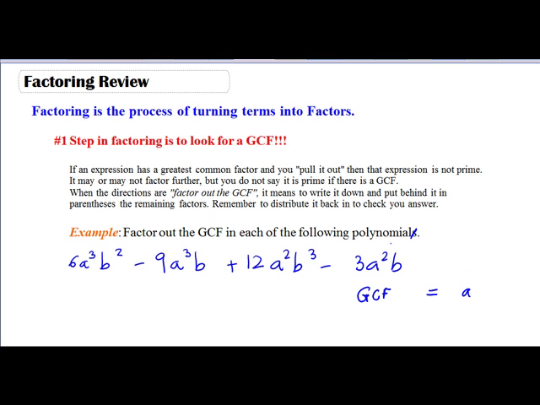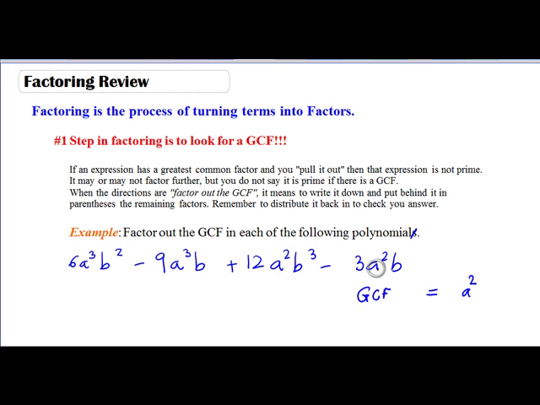Now, as you see, for each term here, you have A to the cube, A to the cube, A to the second, A to the second. So the question is, how many A can I take out? Or what is the common factor here? The answer is A squared. For the variable, you always take out the one that has the lowest exponent.